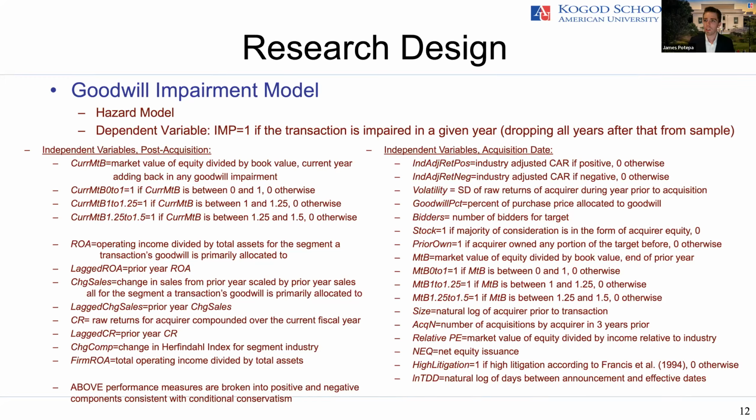We're arguing that just because other papers are using industry adjusted returns, we don't think that's necessarily the most appropriate in this situation, because a firm should be impairing not relative to its competitors, but if it has a decline in performance overall. That's why we're focusing here on raw returns rather than industry adjusted.